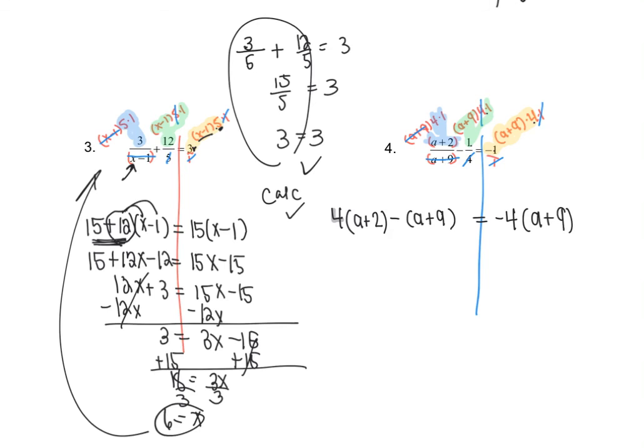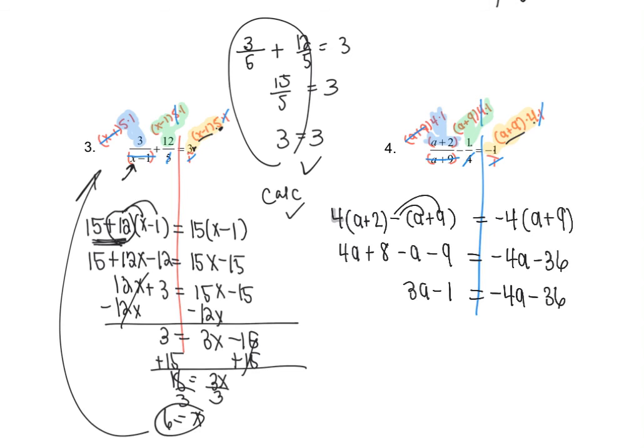Negative 1 times 4 times a plus 9. Okay. So 4a plus 8 minus a minus 9, make sure that distributes, equals negative 4a minus 36. So 3a minus 1 equals negative 4a minus 36.